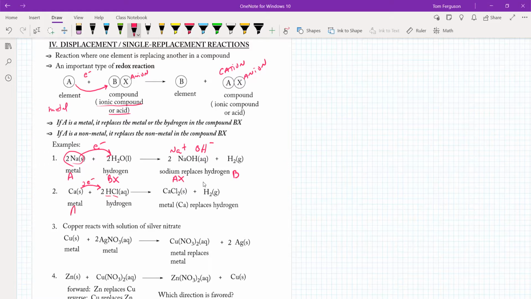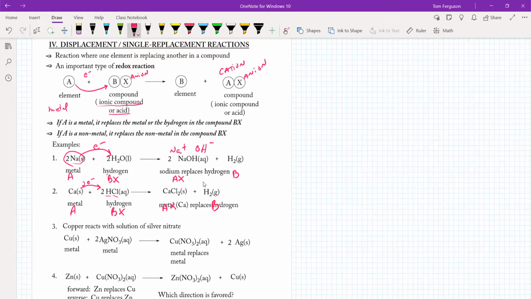So we have A, Bx. So A becomes the cation here. And B gains the electrons.